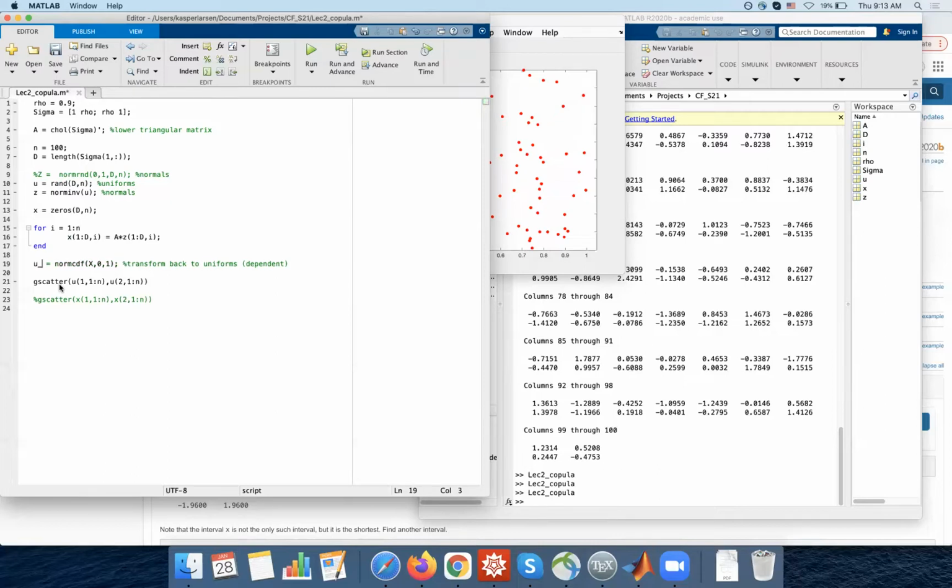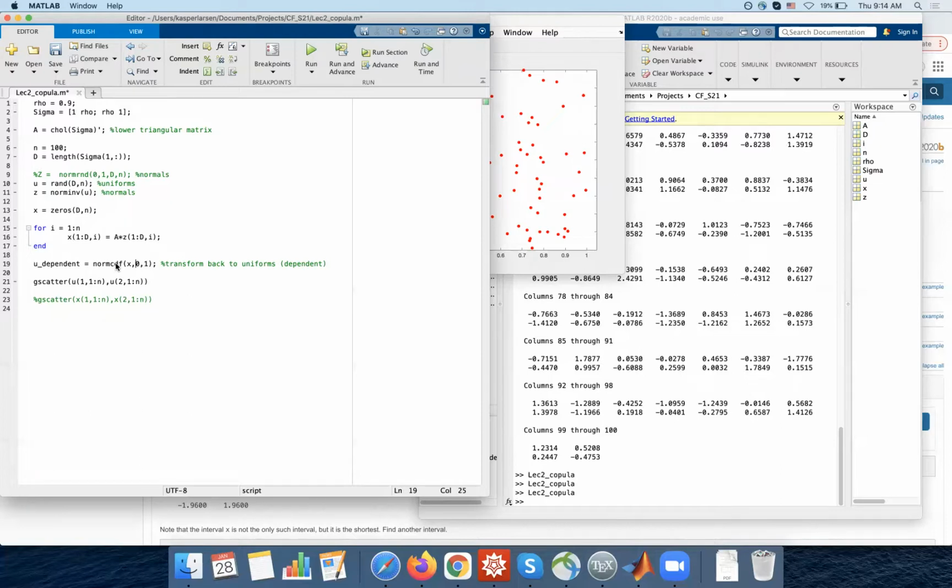This is U dependent. Like the ones we looked at here, those were the U's that were independent, but I could transform back all the correlated normals back to uniforms by plugging them into the normal cumulative distribution function.